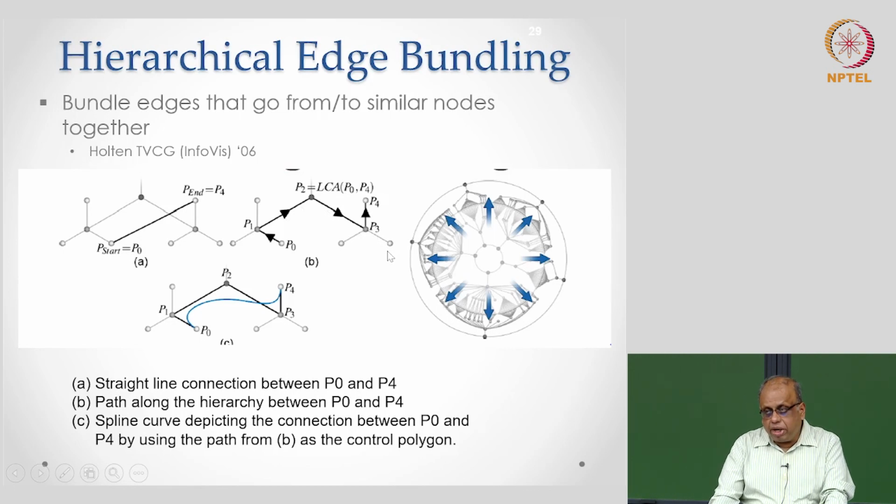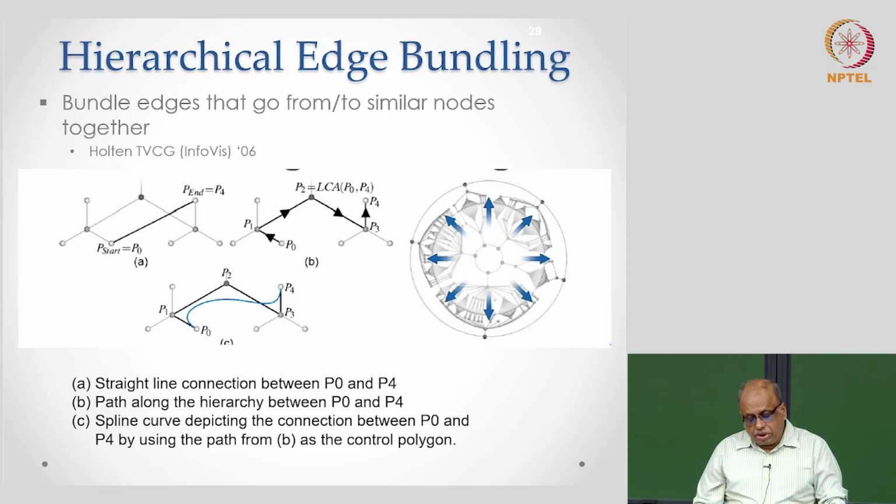In edge bundling, you identify which are the important nodes for you, and then instead of showing all the edges between all the nodes, you only show the shortest path between those two nodes. That way the number of edges that you are showing in a circular layout comes down a lot.